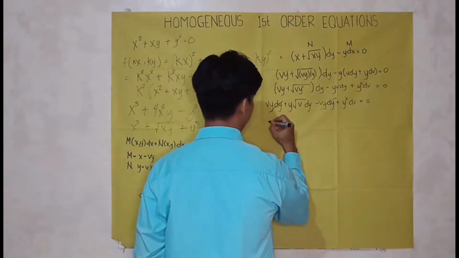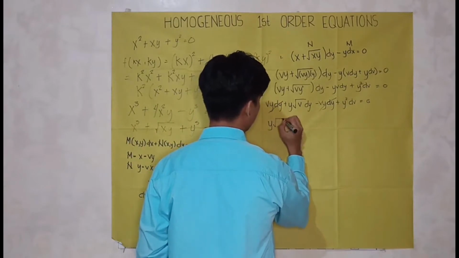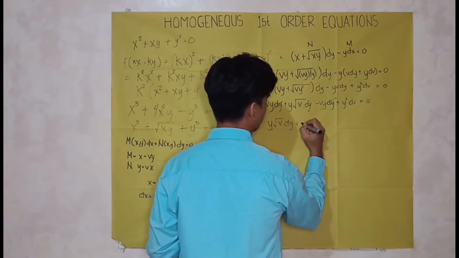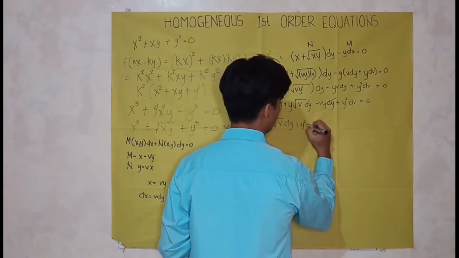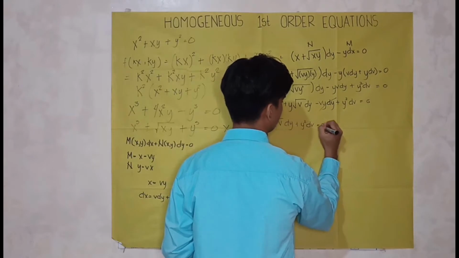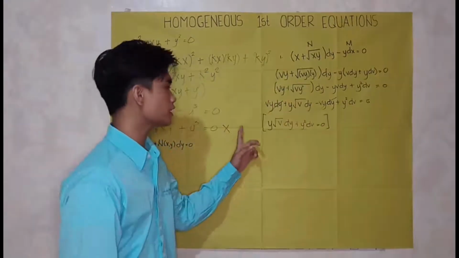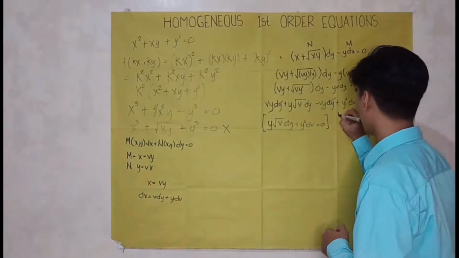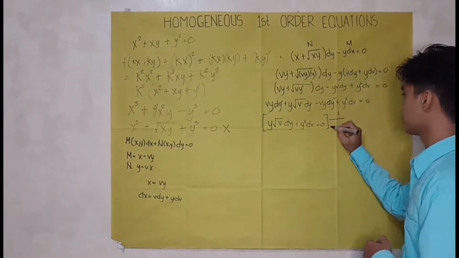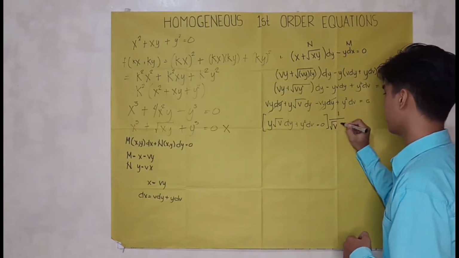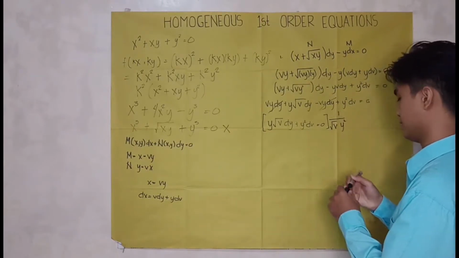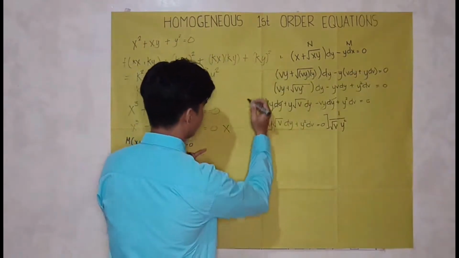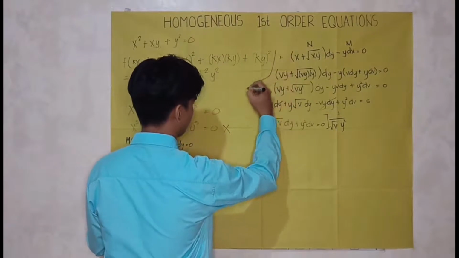So, sulat natin. y square root of v dy plus y squared dv is equals to 0. So, perform the separation of variable. Multiply both sides by 1 over square root of v y squared. So, bigyan natin ng guhit.